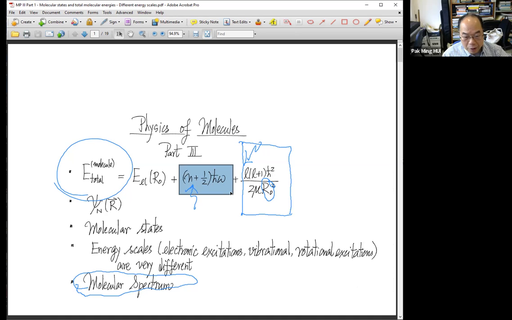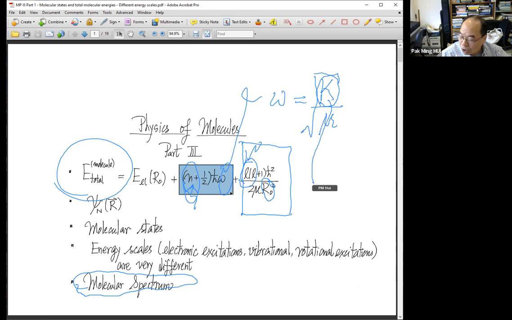If the transition is between different vibrational states as well as different rotational states, that will happen in the infrared range. It will tell us something about omega as well. Remember, omega is the square root of the spring constant divided by the reduced mass of the two nuclei. Thereby, vibrational information will give us the spring constant, which is a representation of how strong that bond is.